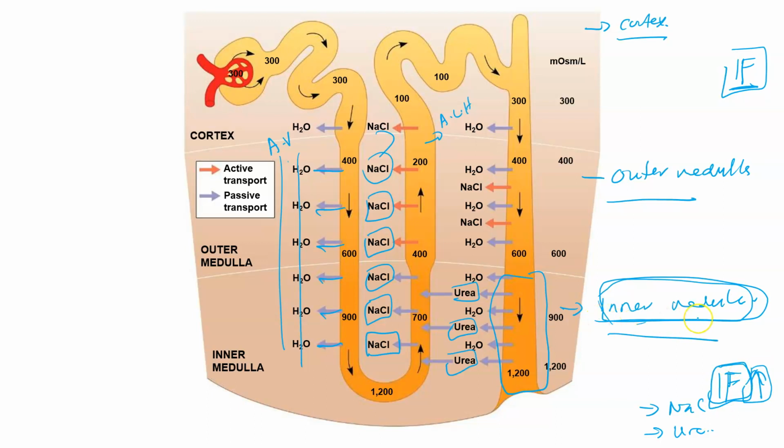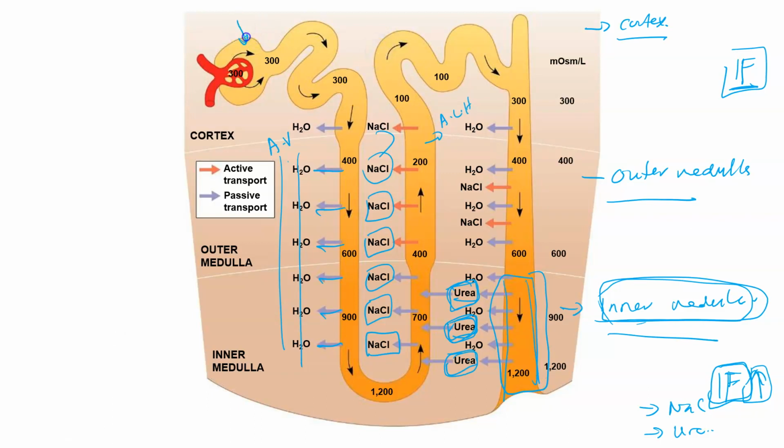In the inner medulla region, dia lagi tinggi sebab apa? Apart from sodium chloride, dia tu siapa? Interstitial fluid lah. Interstitial fluid juga akan terima urea yang keluar daripada filtrate in the collecting duct region. Okay, so you have to know what happened in each region.